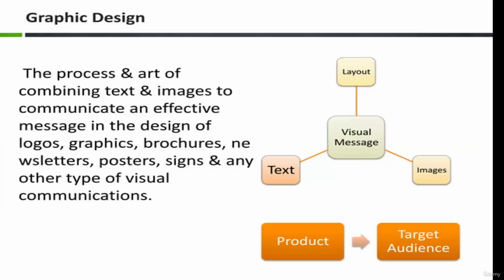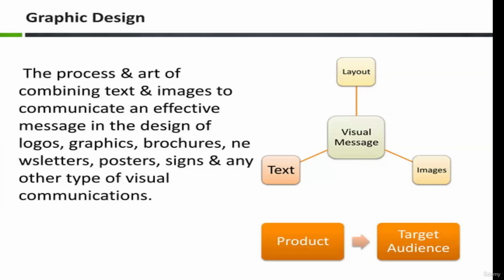Here, let's come to this slide. Graphic design is the process and art of combining text and images to communicate an effective message in the design of logos, graphics, brochures, newsletters, posters, signs, and any other type of visual communication. Here, see there is a pie chart.